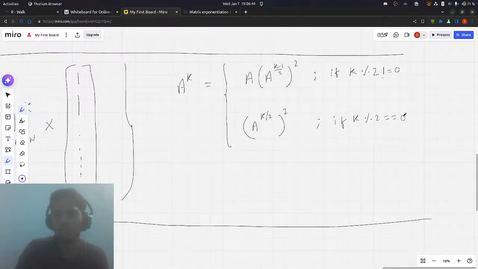Something like this. I know I have written it in a very complex manner, but it is very easy to understand actually.